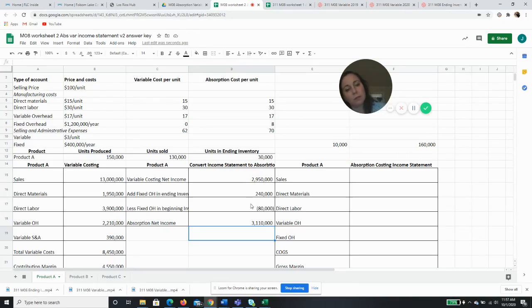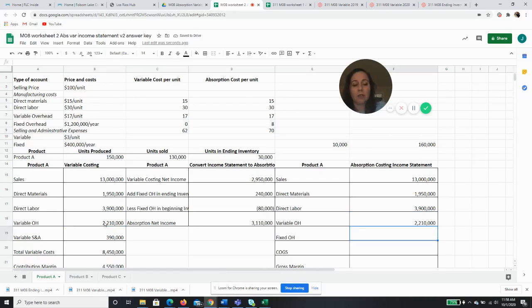All right. Let's put that to the test. Now remember, under variable and absorption, everything's going to be the same except for fixed overhead. So I'm going to just copy over from my variable so I don't have to redo my calculations. If you want to redo them, that's totally fine. Variable overhead. Okay.